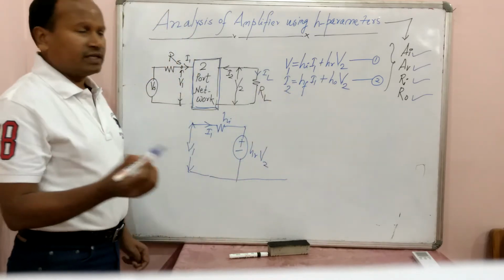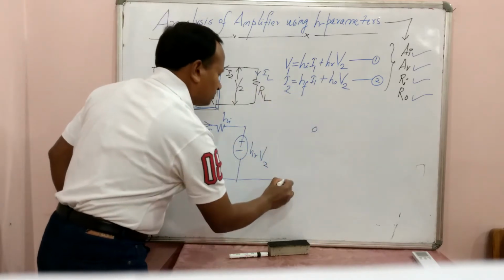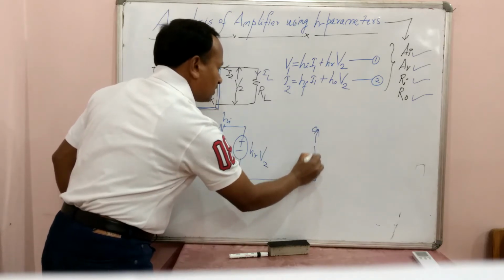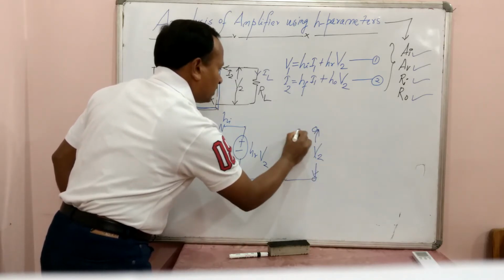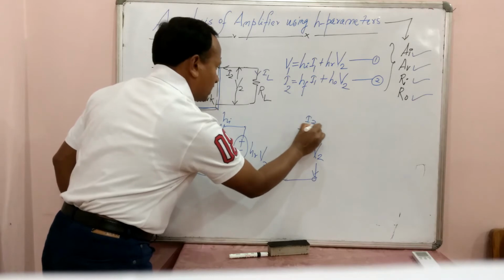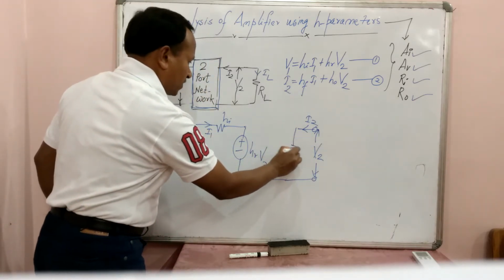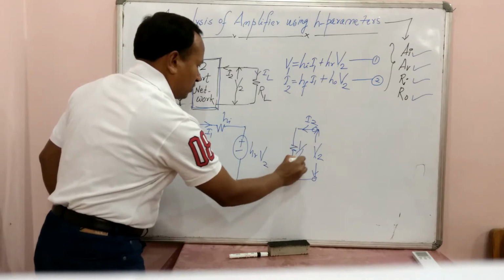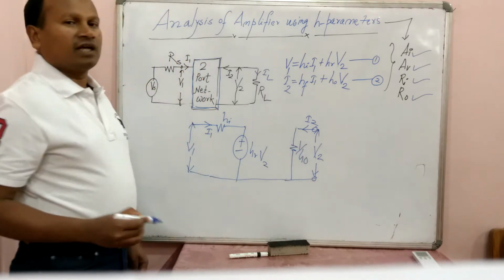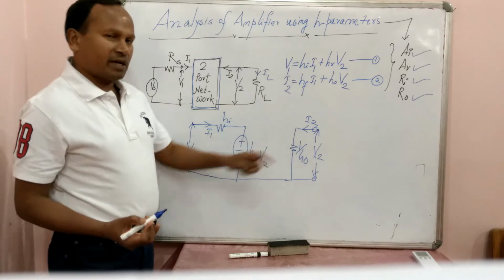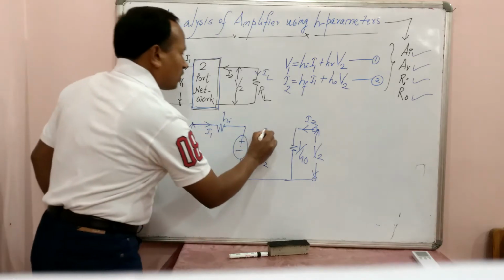Current is always divided in parallel. This is our V2, and I2 is the current entering the output port. The first part goes through 1 by H_O; H_O is admittance and 1 upon H_O is impedance. And what about the second one?